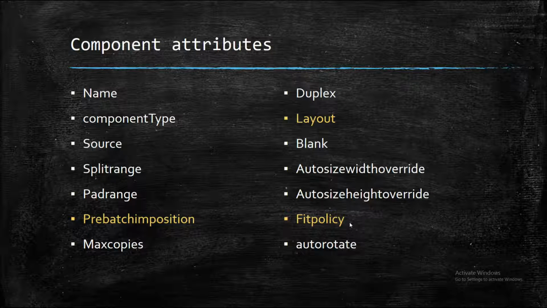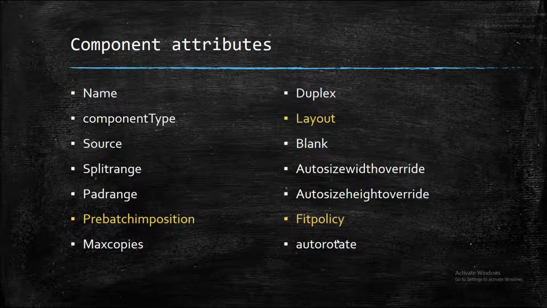And when that auto-rotate occurs, we're also going to apply some fit policy. So typically when auto-rotate is defined within a template, you're also going to have fit policy defined as well, so you can specify exactly how that content is going to be scaled and or cropped as needed. So those are the attributes.